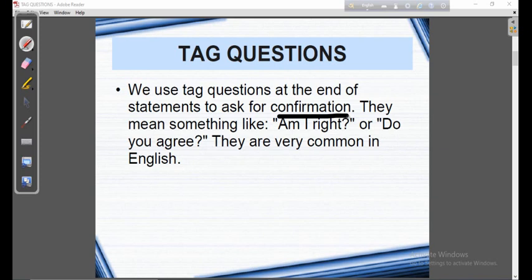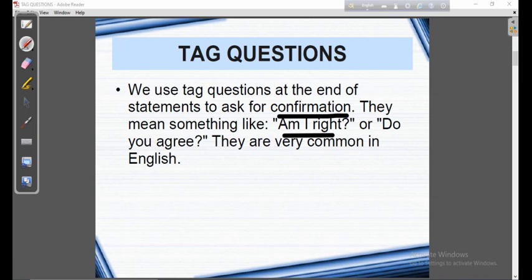So it means something like, am I right? Suppose it's very cold today. To me, it's very cold. Or I feel very cold today. But I want to know whether I'm right or wrong. And then I may add, isn't it? It's very cold today, isn't it?